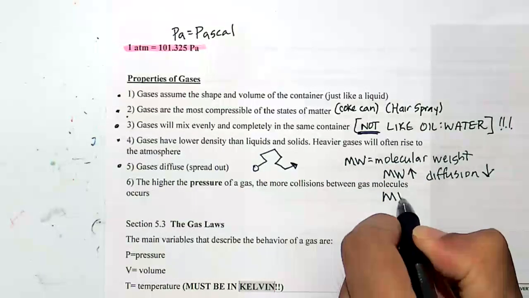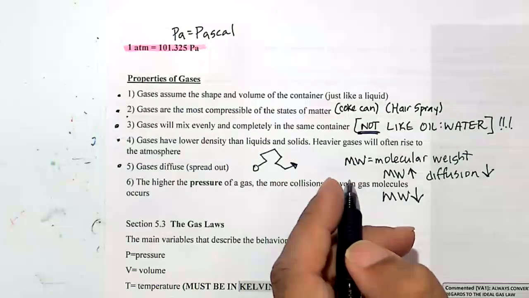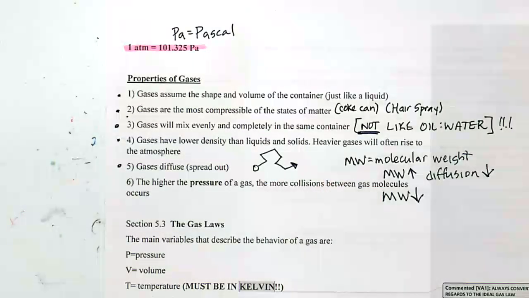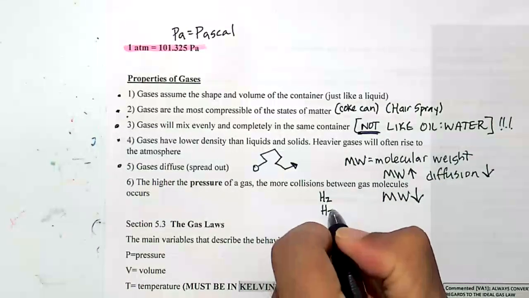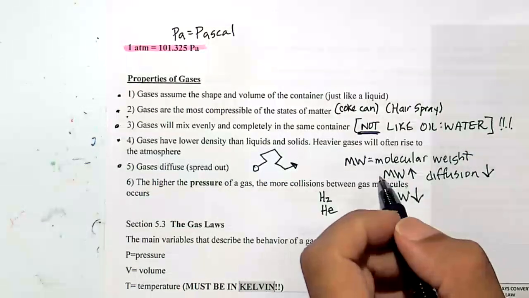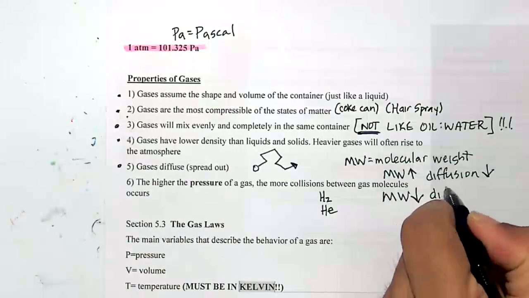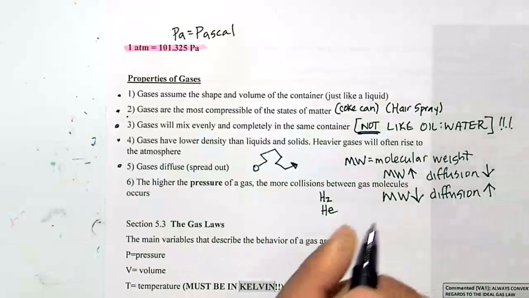Conversely, if you have a very low molecular weight gas, probably the lowest molecular weight gas there is hydrogen gas, maybe helium gas if you look at the weight in the periodic table. So low molecular weight gases will diffuse faster. They will have a greater speed.